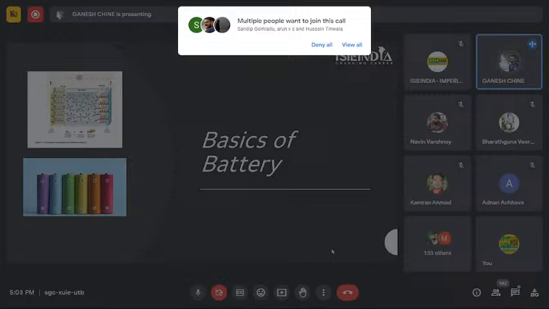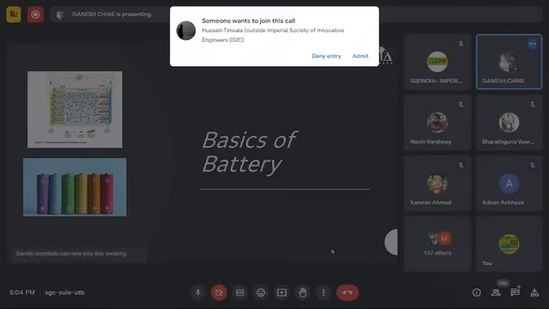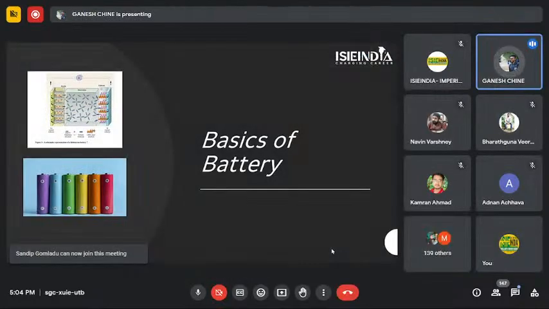First is the cathode. The cathode is the positive electrode of the battery cell. For the synthesis of cathode we use many chemistries such as LFP, NMC, LTO. All these chemistries we use for the cathode. From the cathode active elements, we classify the batteries.